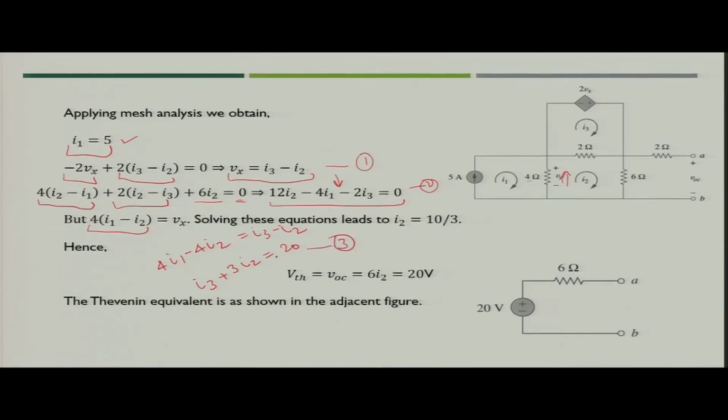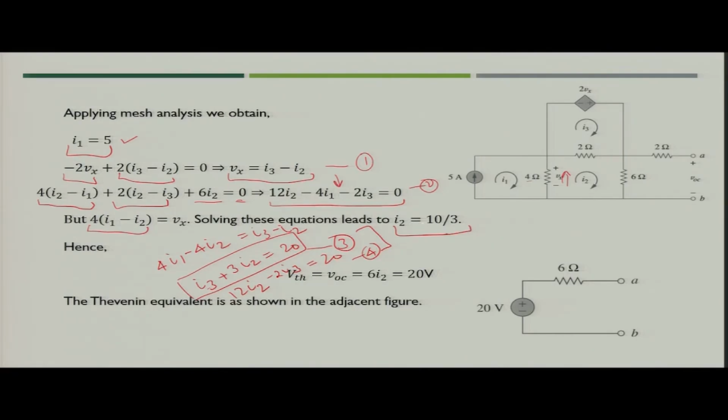So you get another equation which is only in terms of I3 and I2. You will put the value of I1 here, you will get 12 I2 minus 2 I3 is equal to 20. Now you have these two equations where only unknowns are I2 and I3. So you can simply solve, and finally you get the value of I2 as 10 by 3 ampere.